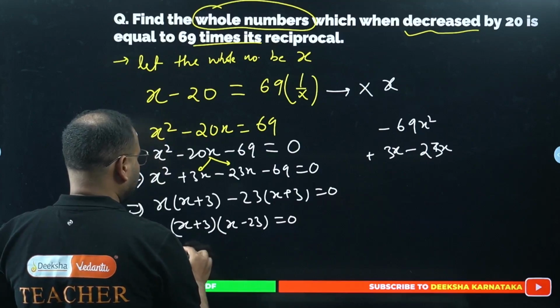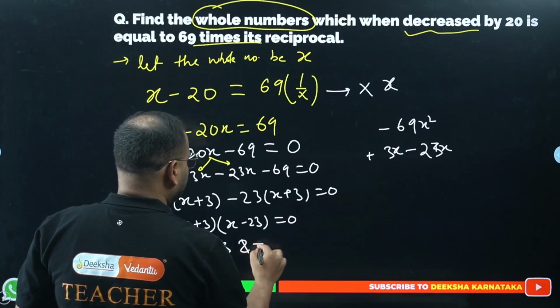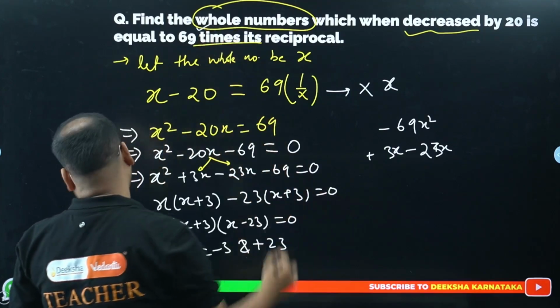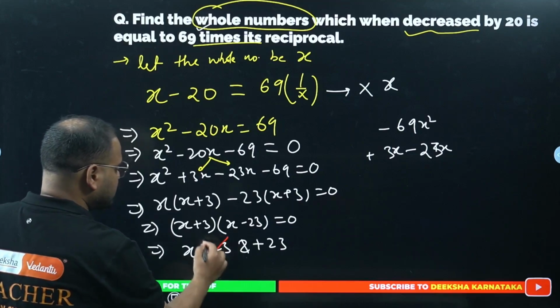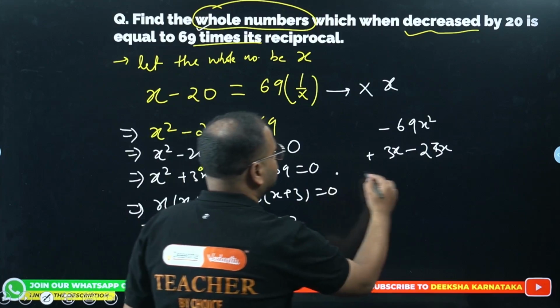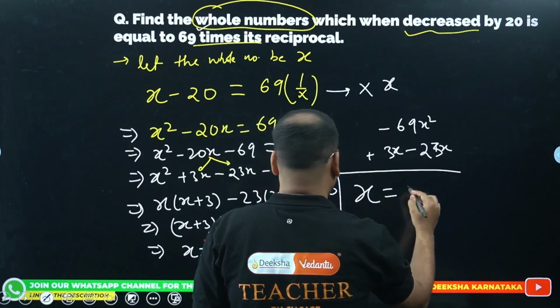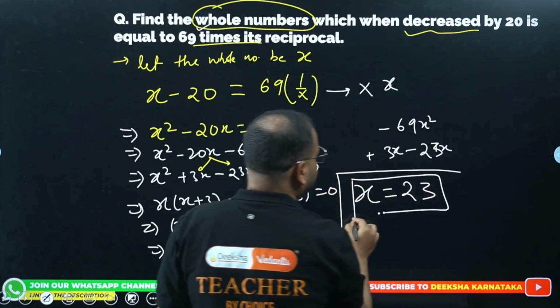The answers are x equals minus 3 and plus 23. We are looking for a whole number. It means a big no to minus 3. Okay, so our only answer over here is x equal to 23. I hope you understand it.